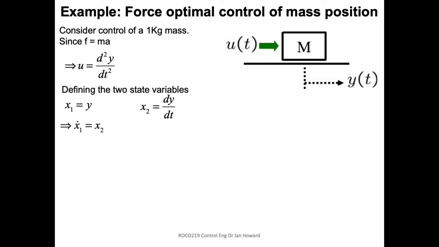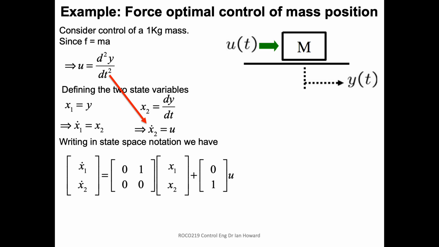So first thing we do is write down the state space equations. We can see immediately that x2 is going to be x1 dot. And the second one's quite simple, because we just substitute in our x2 in the first expression we had for u equals d squared y dt squared. So x2 dot equals u. Right.